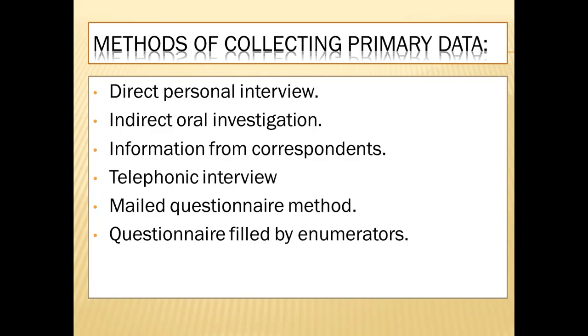By post you send a letter or the questions, and after getting it from the post office, that person will give you the answer. So the mail questionnaire method may be the common postal system or the email system. Then the last method, questionnaire filled by enumerators.